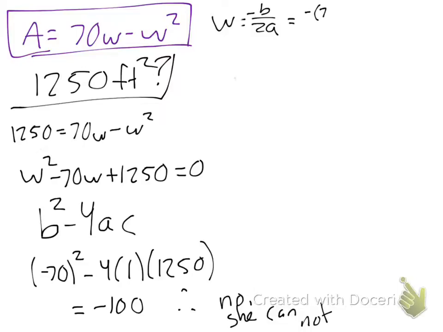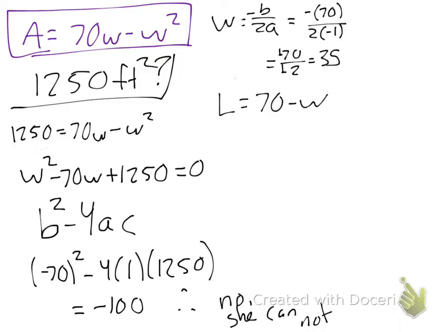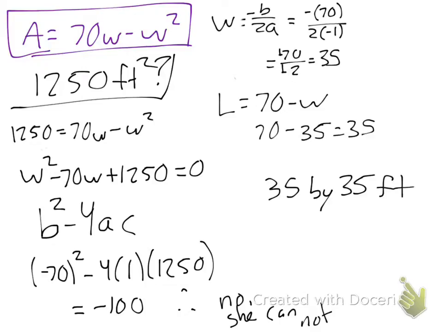It'd be the opposite of 70 over 2 times 1, which is negative 70 over negative 2, and the negative makes a positive 35. And L, if you remember, we found L is equal to 70 minus W. So 70 minus 35 is equal to 35. So the dimensions of this rectangular plot of garden or fence is 35 by 35 feet.